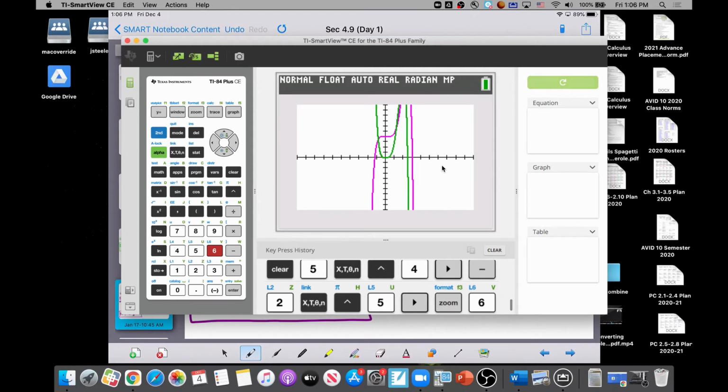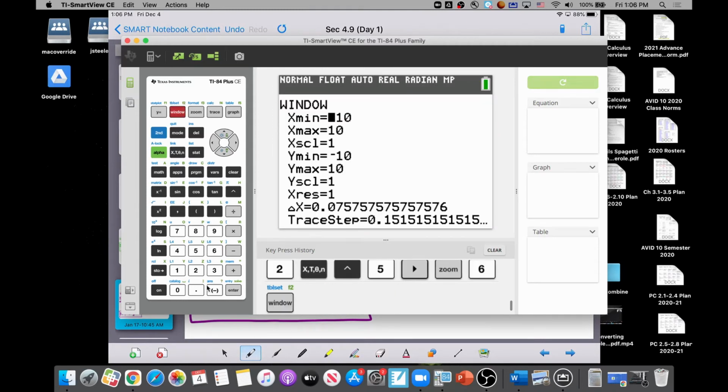Okay, obviously I can tighten up my x-axis, but I need to go taller on my y-axis. So I'm going to change my window here. Y-min, I'll go with like a -5, and then y maximum, maybe I'll go to like 25.